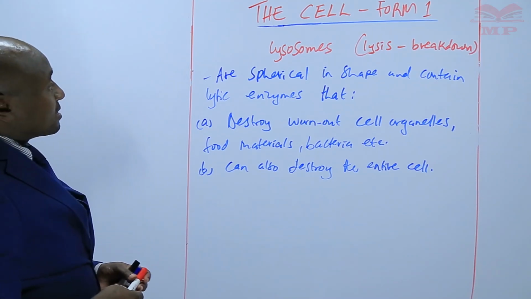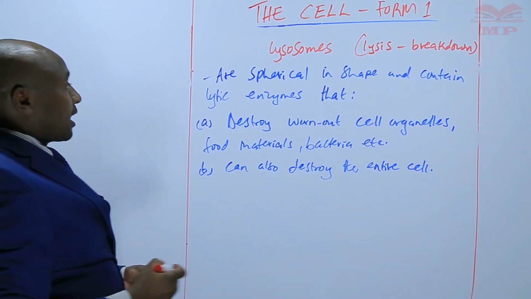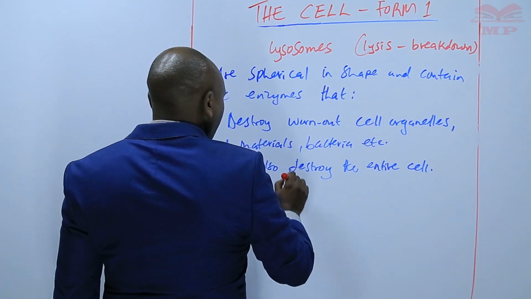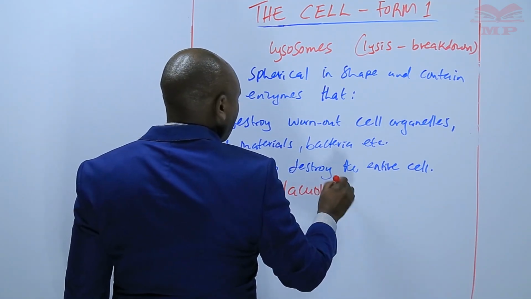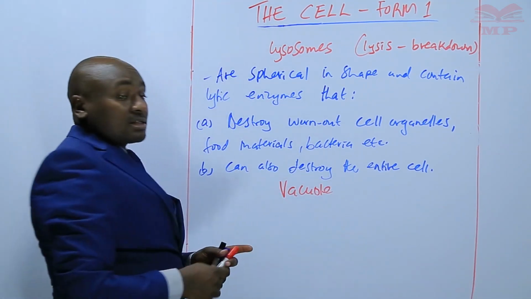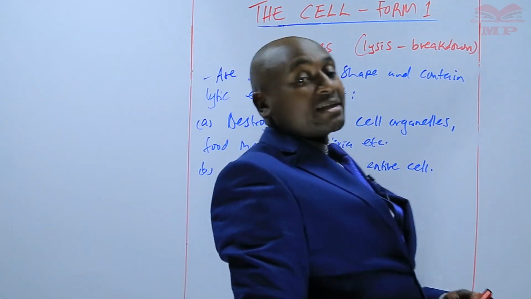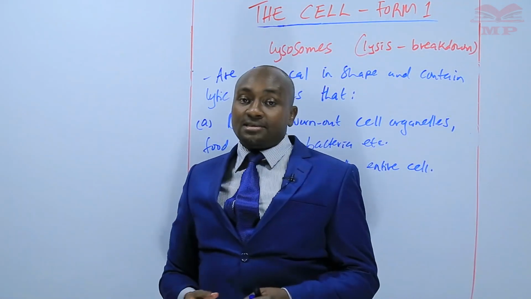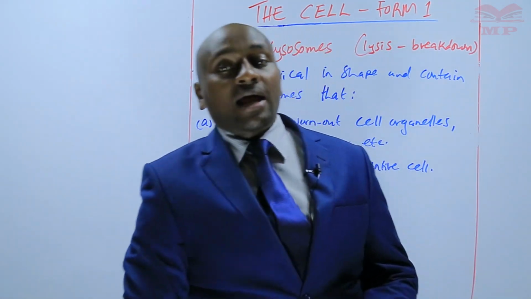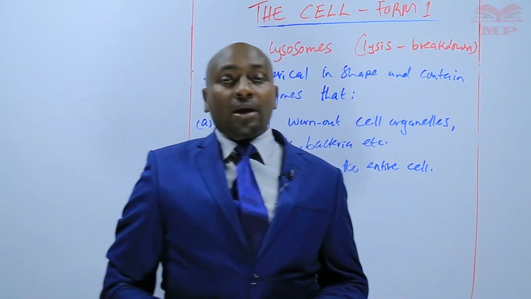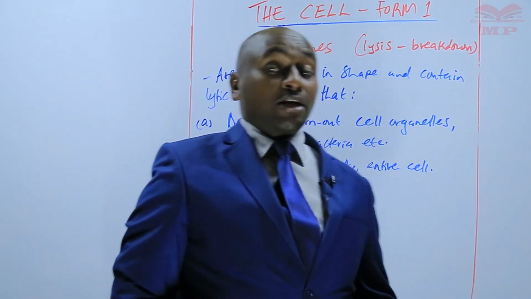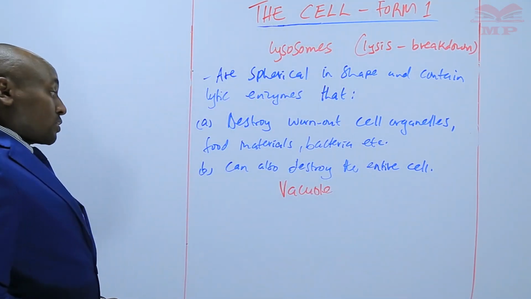Now the next organelle is the vacuole, and vacuoles are not present in all cells. Some animal cells lack vacuoles, but plant cells contain large vacuoles.